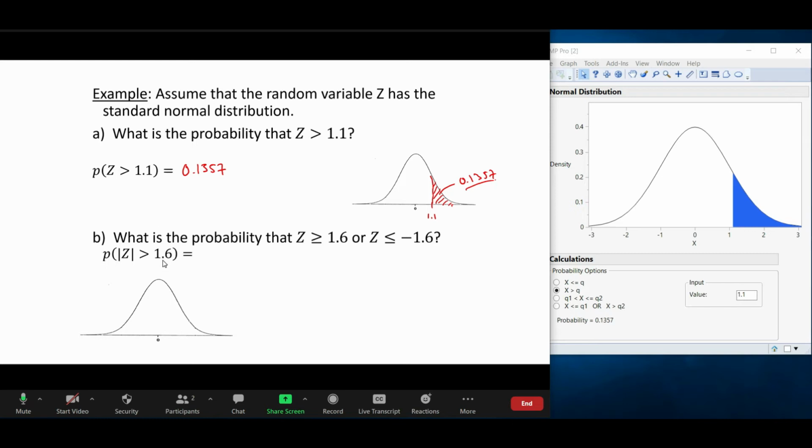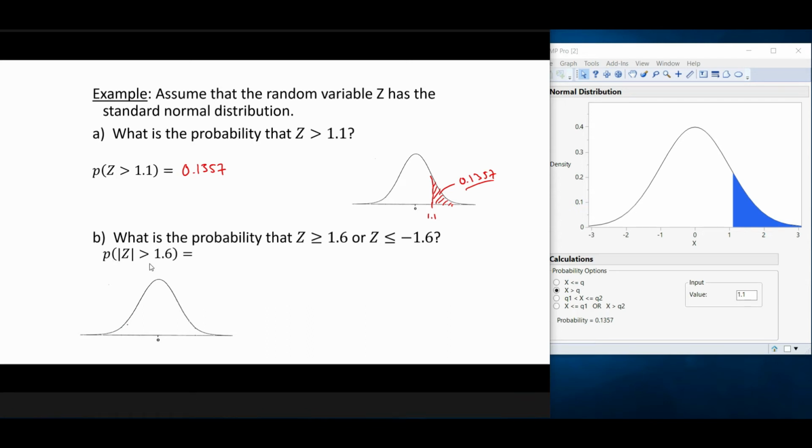So that tells me that it could be greater than 1.6 or it could be less than negative 1.6. It uses the symmetry of this normal distribution to specify, in a little bit of a shorthand way, what's written down up here. Okay, so just draw yourself a picture again.